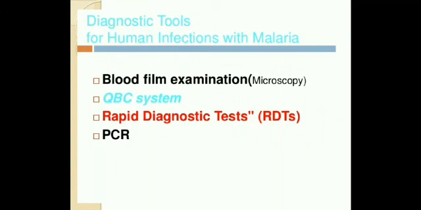How to diagnose malarial infection? The most important and the most simple technique is blood film examination. The next one is QBC. QBC means quantitative Buffy coat. You know Buffy coat?